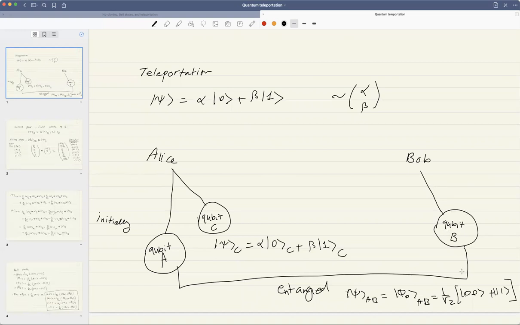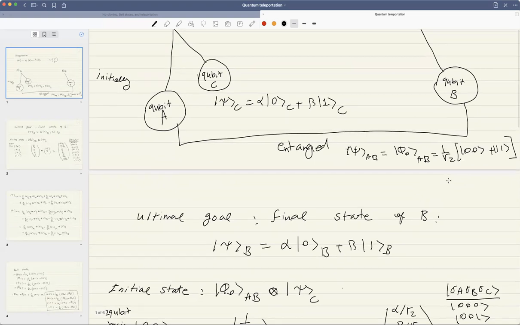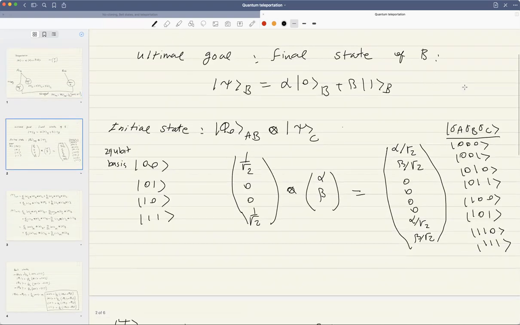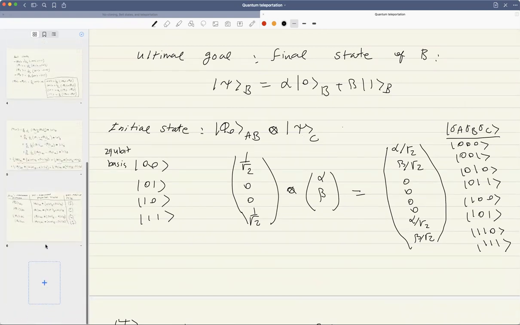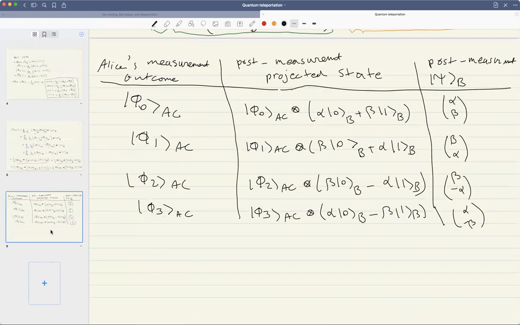The state of qubit B is going to be just this particular single qubit state. That was something that really bothered Einstein, because we know information cannot travel faster than the speed of light. So is that change in the state of qubit B inconsistent with relativity? Is information instantaneously traveling from Alice to Bob?